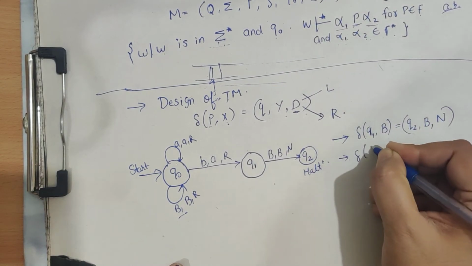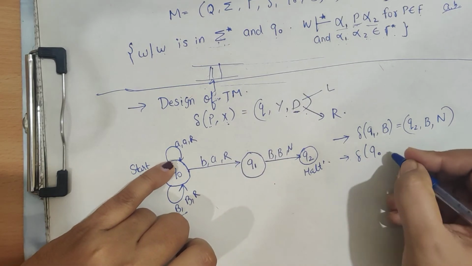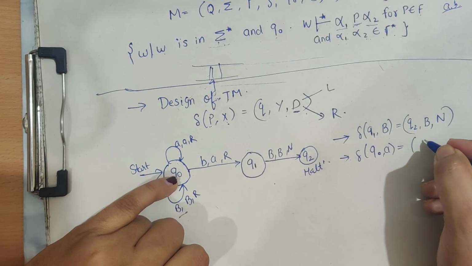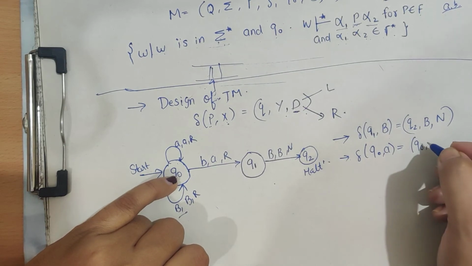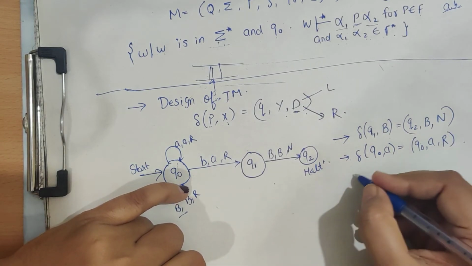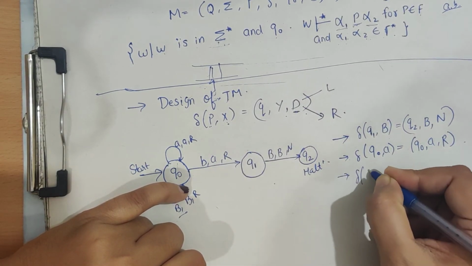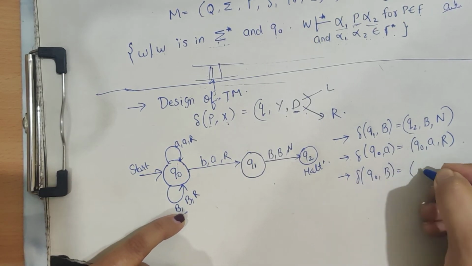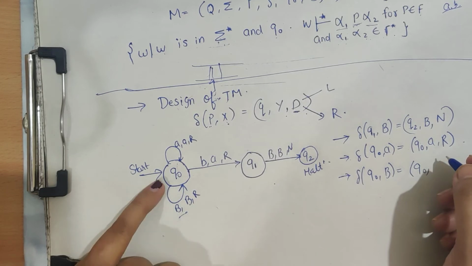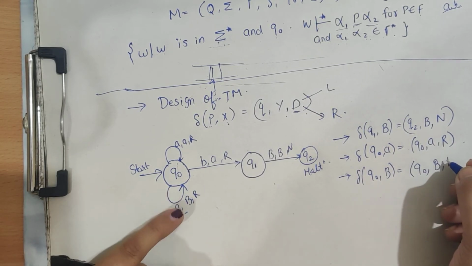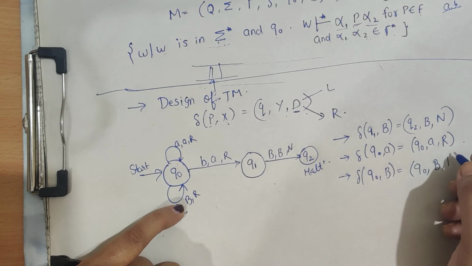Then delta q0 comma a, we can represent it as being on the same state, that is q0. The new replacement symbol is a and we had moved towards which direction? Right direction. Then delta q0 comma b, we are on the same state, the new replacement symbol is b, right? We overwrite it by b and we had moved towards which direction?